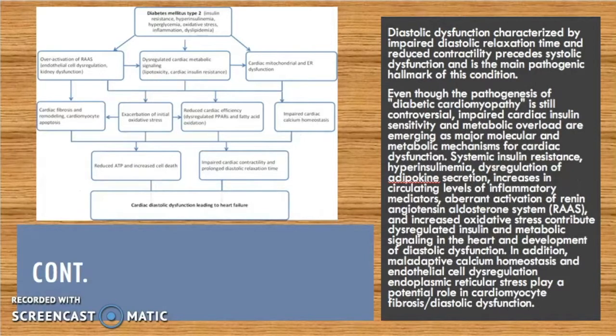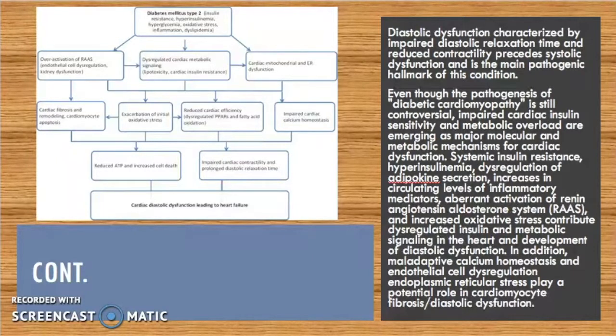Diastolic dysfunction, characterized by impaired diastolic relaxation time and reduced contractility, precedes systolic dysfunction and is the main pathogenic hallmark of this condition. Even though the pathogenesis of diabetic cardiomyopathy is still controversial, impaired cardiac insulin sensitivity and metabolic overload are emerging as major molecular and metabolic mechanisms for cardiac dysfunction.